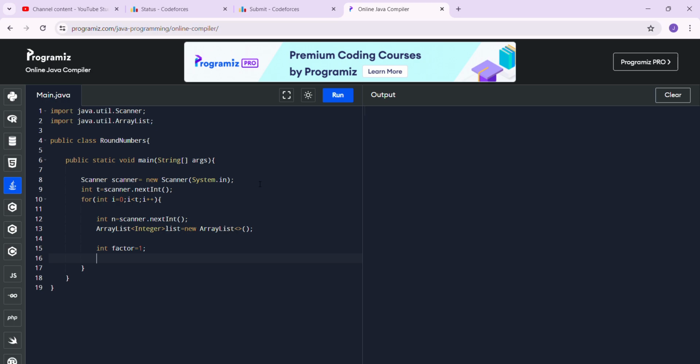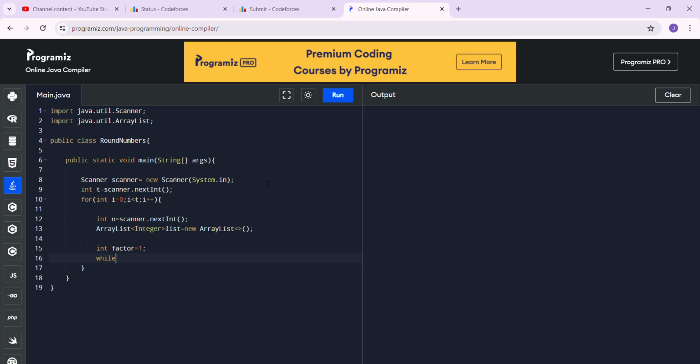For example, for 5009, the remainder after dividing by 10 will be 9, which will be multiplied by 1 because it is at the ones place. And if there had been 5089, then after 9, 8 would have been the remainder, then 8 will be multiplied by the factor, and the factor would have been increased by 10 because it is at the tens place. Let's see.